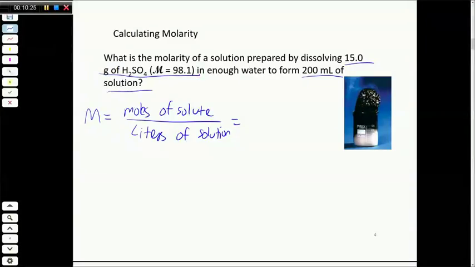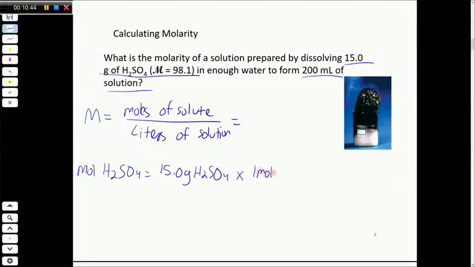So converting grams to moles should be old hat for us now. H2SO4 is the solute, it's what we're dissolving into the solution, so we calculate the moles using its mass as the starting point. So we divide by the molar mass to get grams into moles, same calculation we've done a million times.